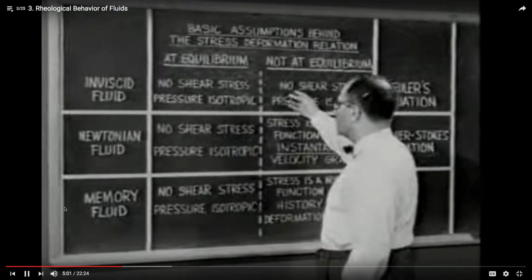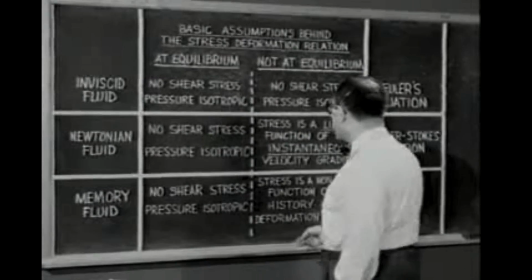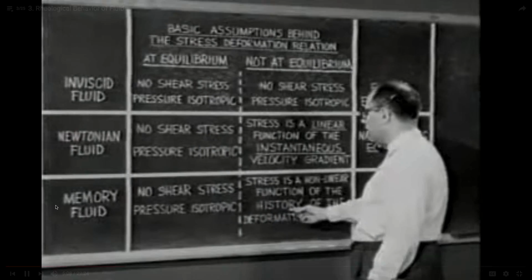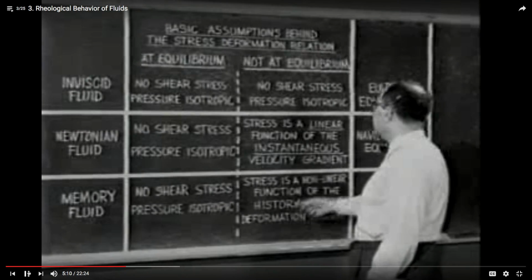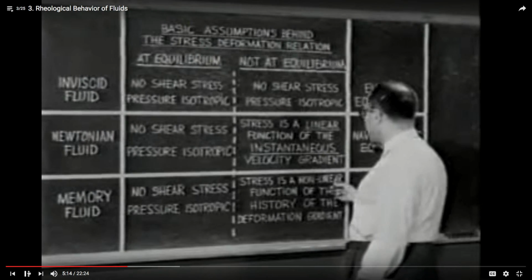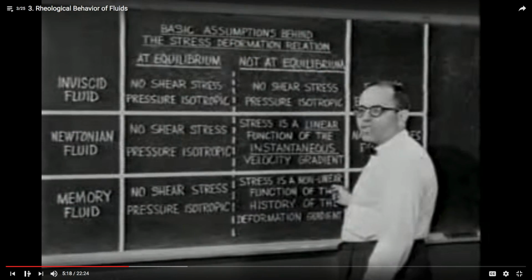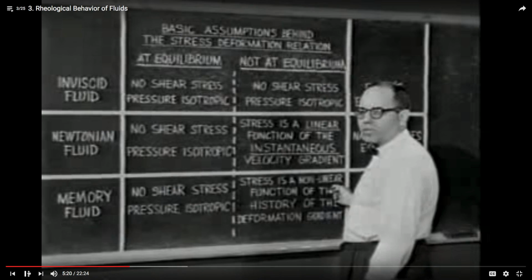In relative motion, however, in contrast to the Newtonian fluid, the history of the deformation is significant. Instead of a linear function, the memory fluid reveals nonlinearities. In fact, nonlinearity affects both the shear stresses and the normal stresses.